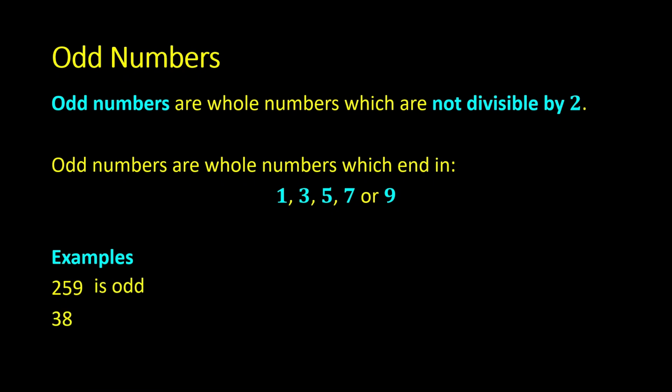What about 38? 8 is not any of 1, 3, 5, 7, or 9, and therefore 38 is not odd. And finally 195. Notice that 195 ends with a 5, and therefore 195 is odd.